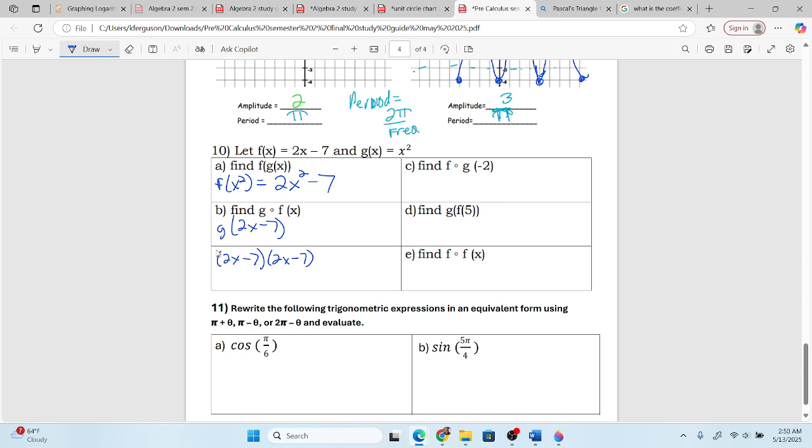So FOIL says first 2x times 2x, that's 4x squared. 2x times a negative 7, that's negative 14x. Negative 7 times 2x is negative 14x. And then negative 7 times negative 7 is positive 49. So the answer here is 4x squared minus 28x plus 49.